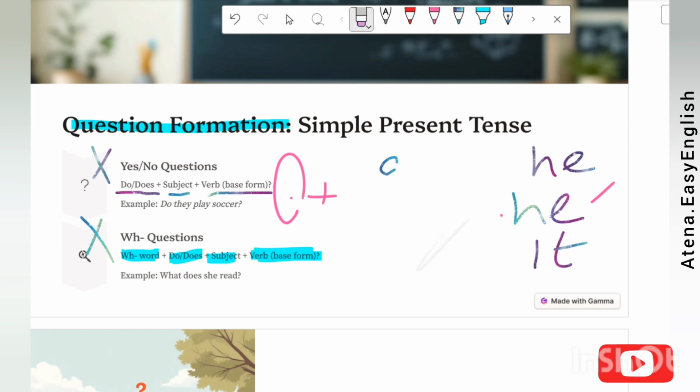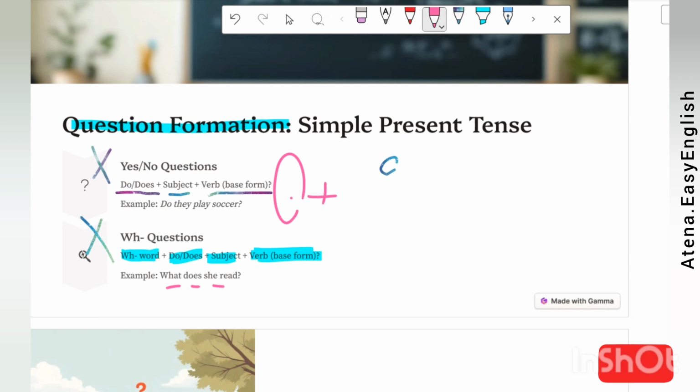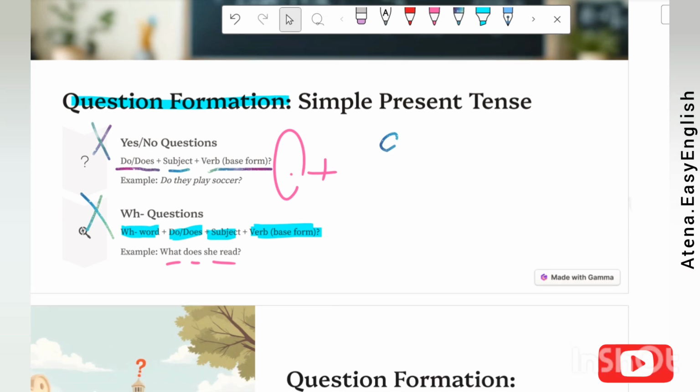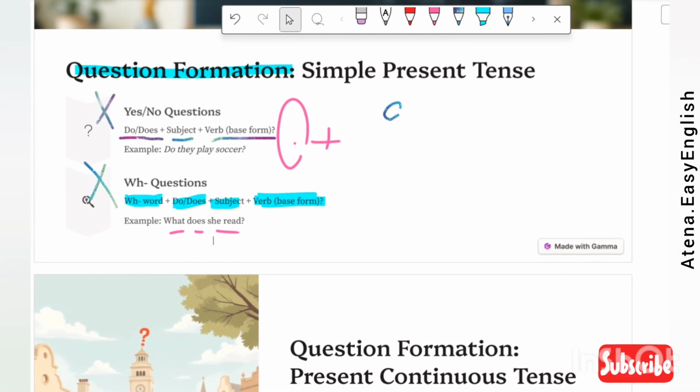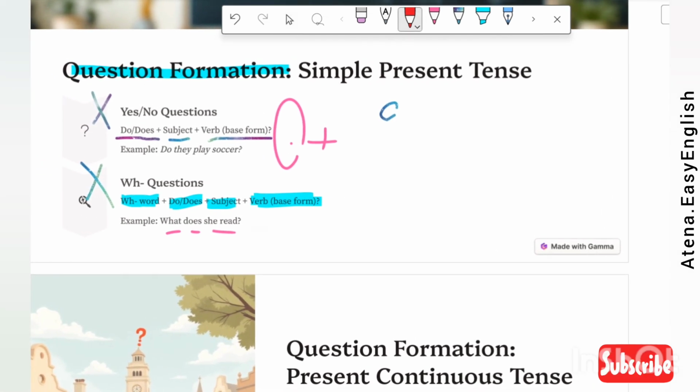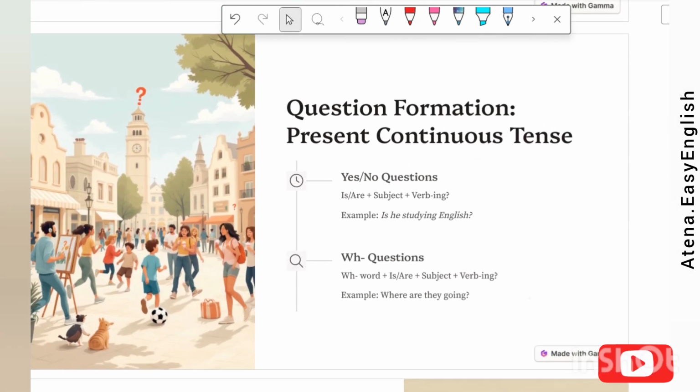Look at the example. What does she read? Very good. So we use WH, do or does, subject, and verb. And be careful, the verb should be, of course, base form. No ing, no ed.